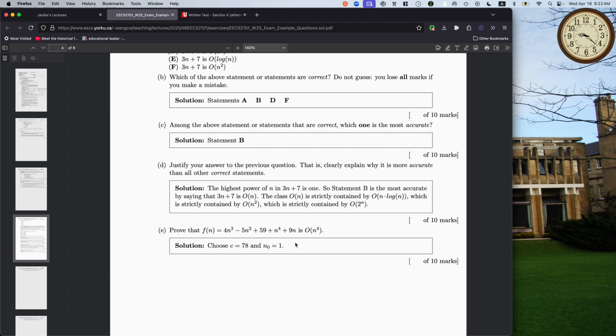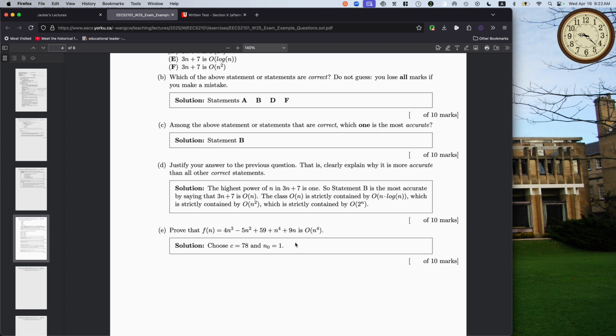However, there might be other cases where the upper bound does not necessarily begin when n0 is equal to 1. So you have to be very careful. Even though in this particular case it will be enough if you just say, I choose C to be 78 and n0 to be 1, if the upper bound does not happen to start from n0 equals 1, then this answer will be wrong.